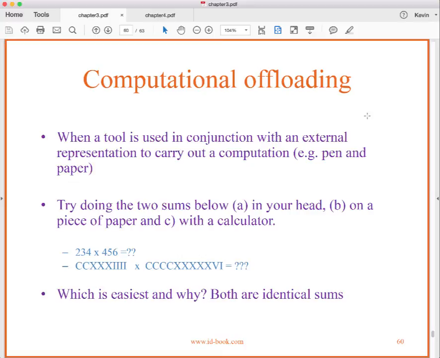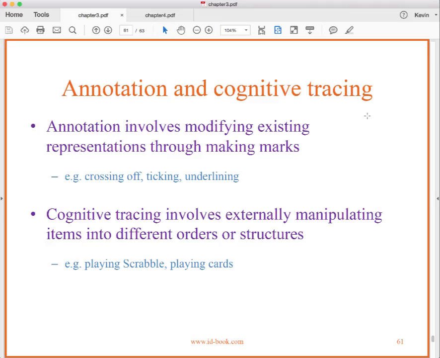One is in base 10 with Arabic numerals, and the other one is, I guess, in base 10 as well with Roman numerals. Which is the easiest and why? Because we read the Arabic numerals more quickly, it's the former rather than the latter.